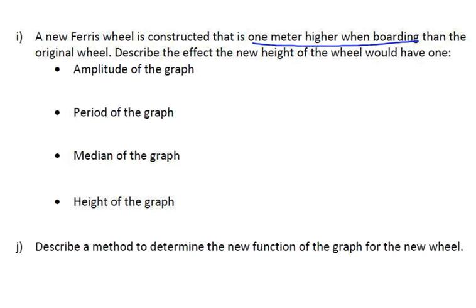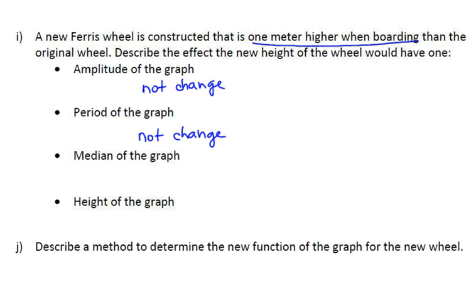So the amplitude of the graph, would that change? Did we change the radius or diameter of the actual Ferris wheel? No. So that would not change. Would the period change? So how long it takes to go around? No, not change.